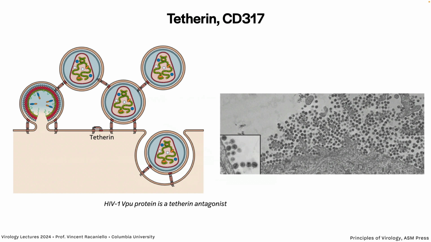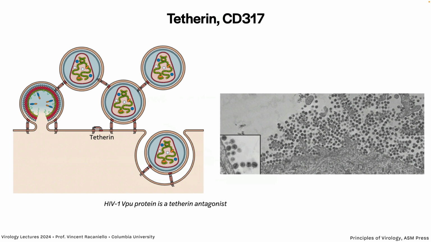This is very cool. This is a protein induced by interferon, right? Its promoter is turned on in the nucleus by that interferon pathway. It goes and binds to membranes. And as viruses are trying to bud, it locks them to the cell surface or to the endosome, as you can see here.